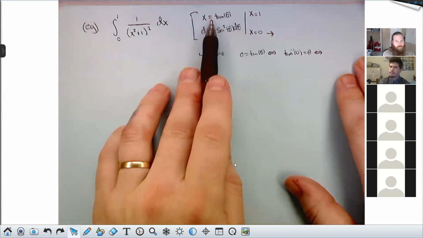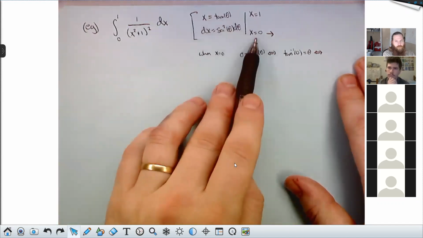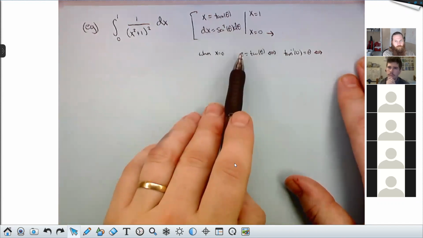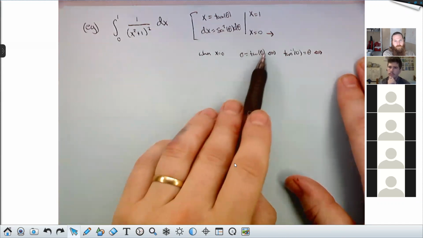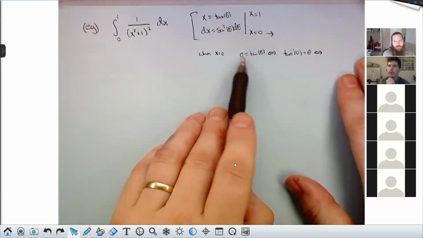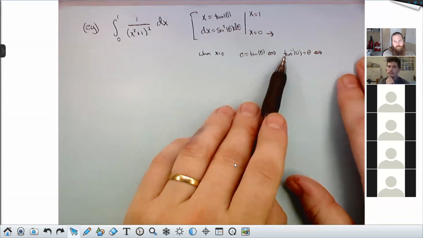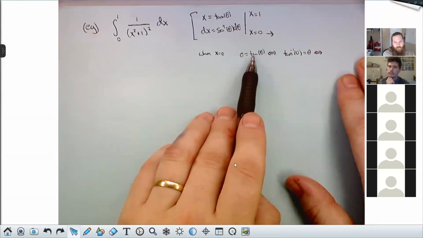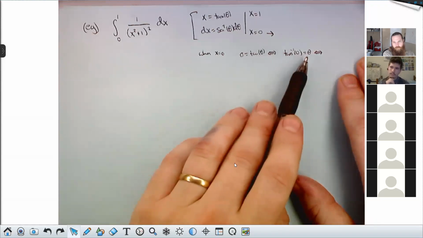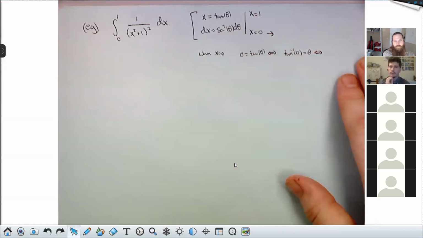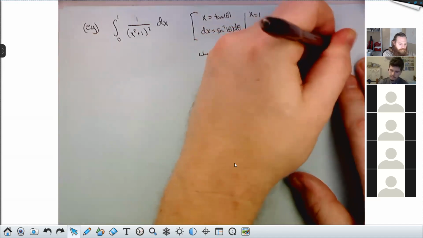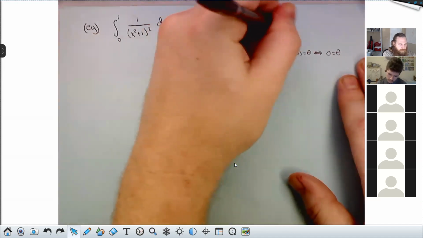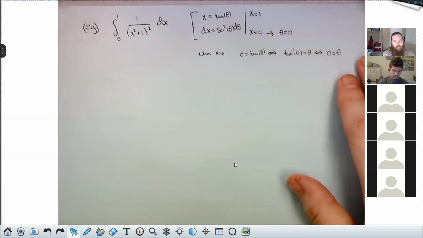So I take x equals tan theta and I plug in x equals 0. That gives me 0 equals tan theta. Then I took the inverse tangent of both sides. The left becomes inverse tangent 0. The right is the inverse tangent of the tangent of theta. That's just theta. Okay, I hear you. The inverse tangent of 0 is 0. So when x is equal to 0, theta is equal to 0.